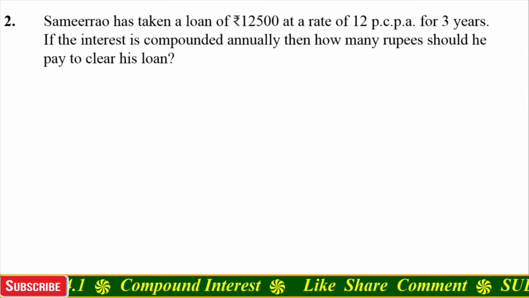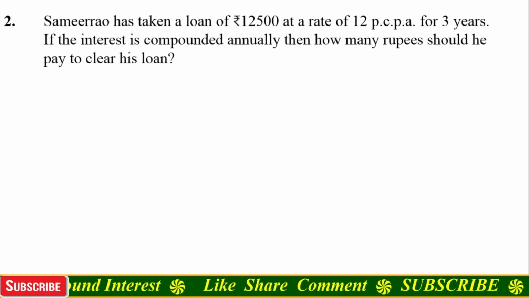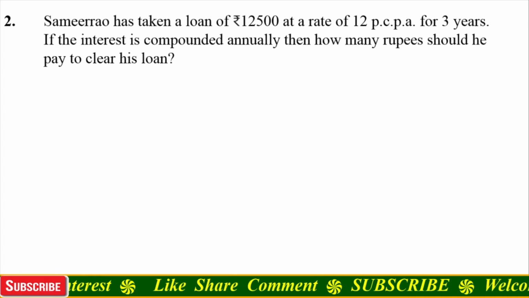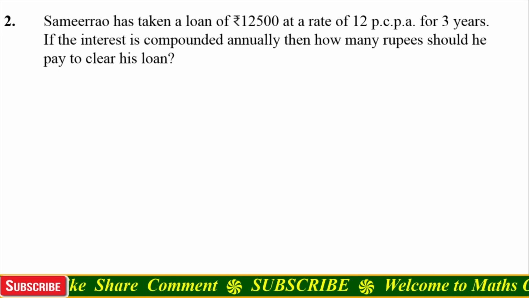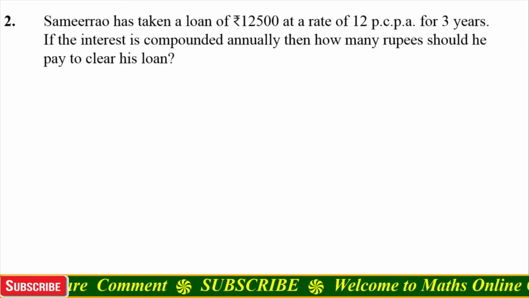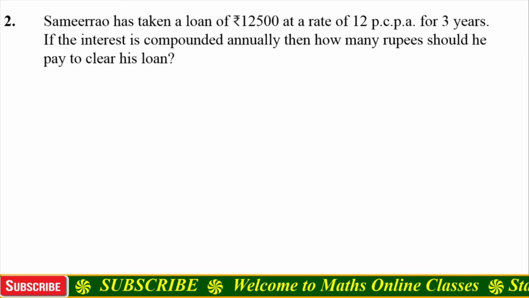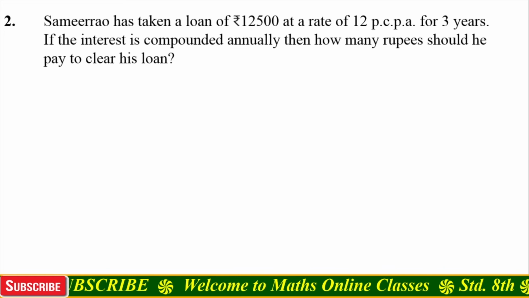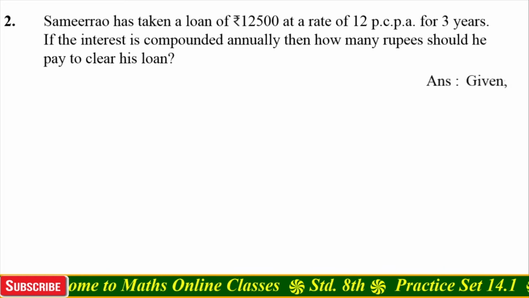Samir Rao has taken a loan of rupees 12,500 at the rate of 12 PCPA for 3 years. If the interest is compounded annually, then how many rupees should he pay to clear his loan? First we will write what things are given in the question.